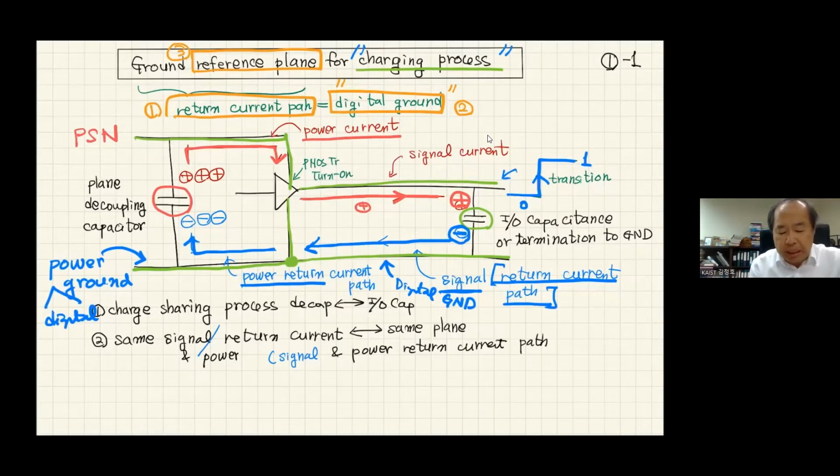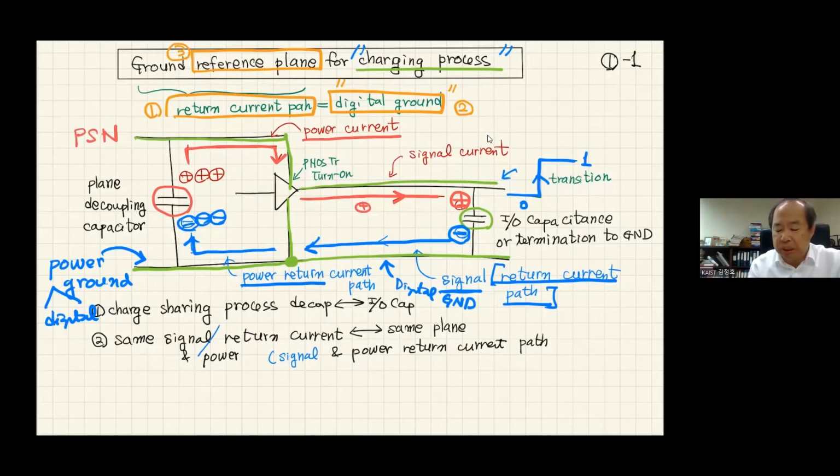Because when we are sending plus charge to the IO driver, it goes through these PMOS transistors and travels to the IO capacitance, and minus charge will be stored at the decoupling capacitance, and that charge will be conducted through the ground plane, and eventually it will be charged to the IO capacitance. So this is the case for charging.